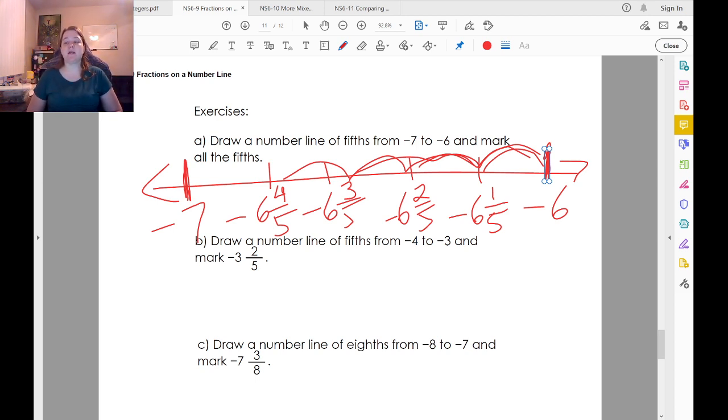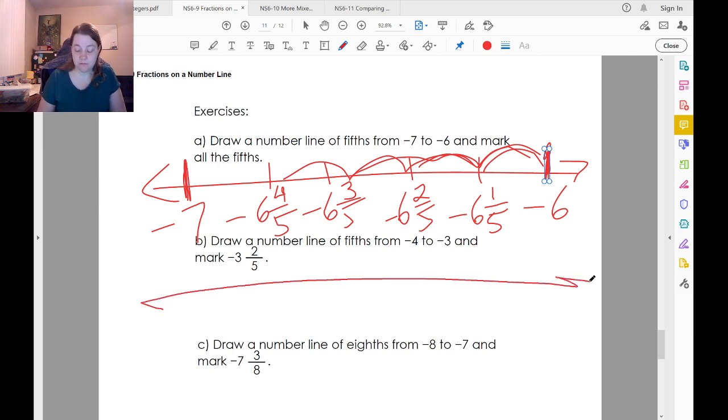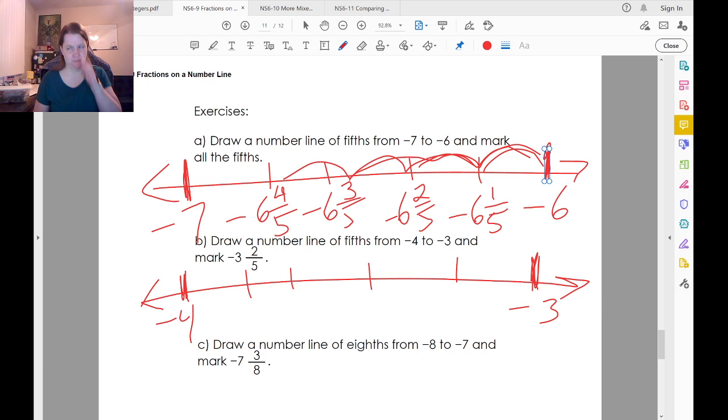They want us to go ahead and draw a number line of fifths from -4 to -3. And they still want those fifths, so let's put 4 cuts between -4 and -3 to get 5 pieces. Of course, those are evenly spaced, so we're not going to talk about that.